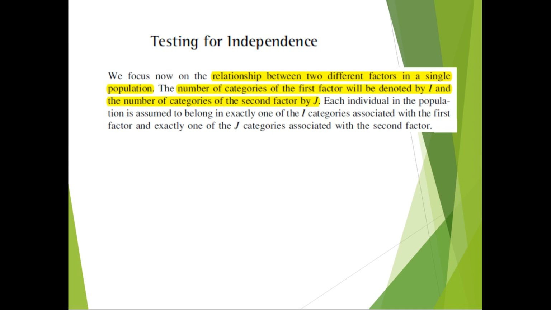The number of categories of the first factor will be denoted by I, and the number of categories in the second factor by J. Now this is similar to what we had in a two-way analysis of variance with one observation per cell. There we had I levels for factor 1 and J levels for factor 2. The difference being here that we work with counts and not with measurements.